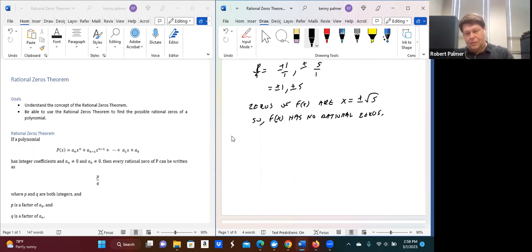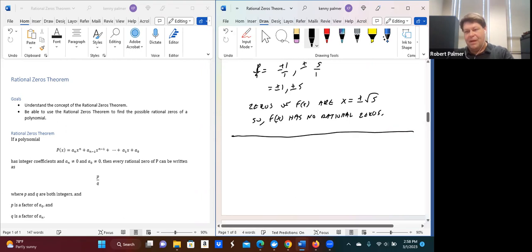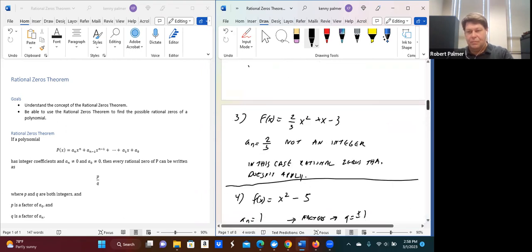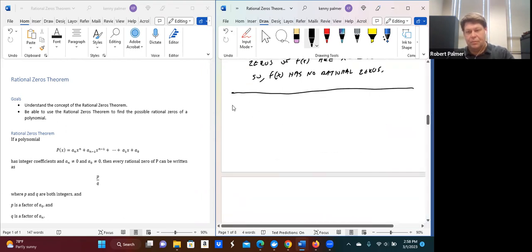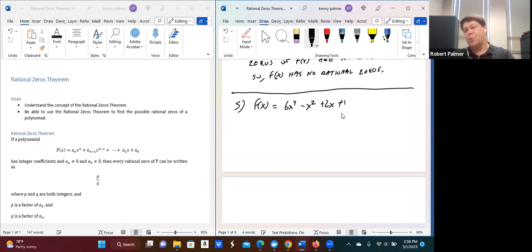This should be number 5. This time our f of x is going to be 6x to the 4th minus x squared plus 2x plus 12.